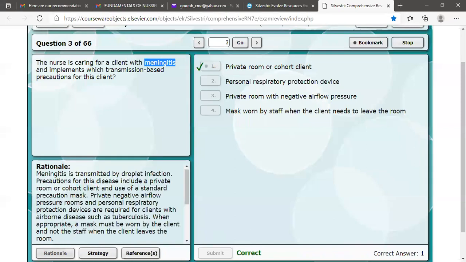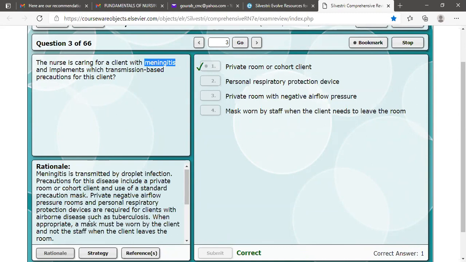So what they said: meningitis is transmitted by droplet infection, so it is a droplet precaution. So include a private room or cohort the client, and use standard precautions and a precaution mask. A private negative airflow pressure room or personal respiratory protection device is required for a client with an airborne disease.